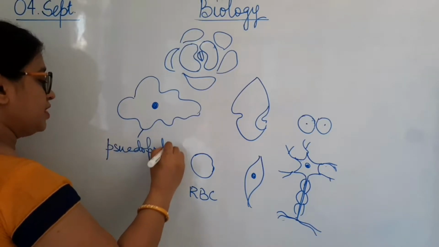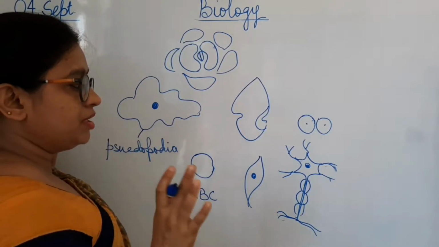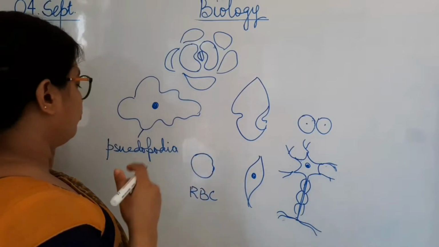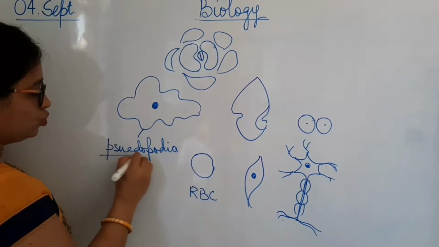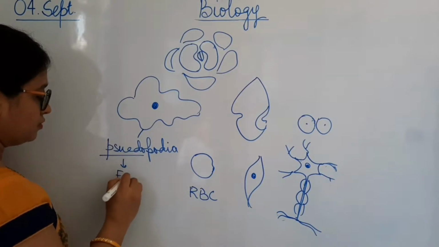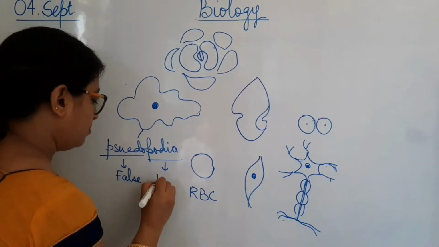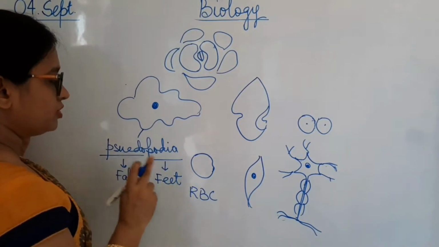Now all these things are something which we have already discussed in class 7. This is not something new. I am just taking that example and providing some new information. So why is this called pseudopodia? Pseudo means false and podia means feet. So it is pseudopodia, false feet.